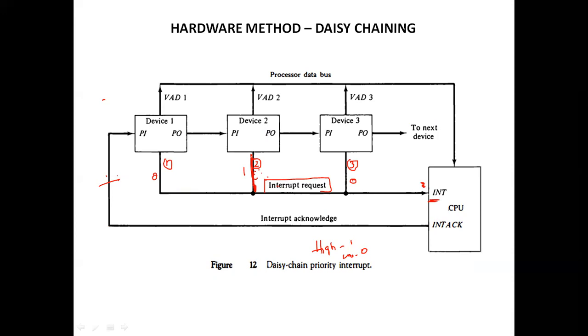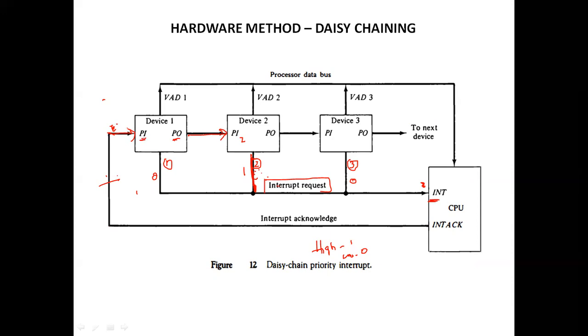Now the CPU is going to acknowledge to the second device through the PO terminal, P out terminal. It is going to acknowledge to this second device, device 2. So the signal is received at the P1. Here this INTAC interrupt acknowledgement signal is received at the P1.